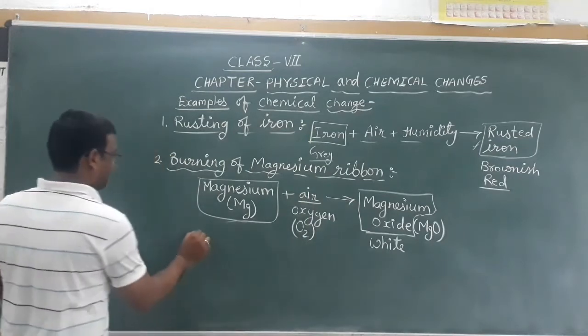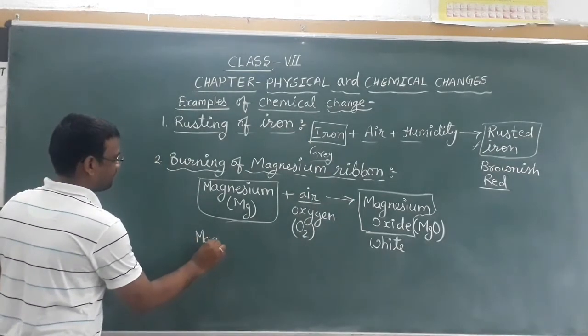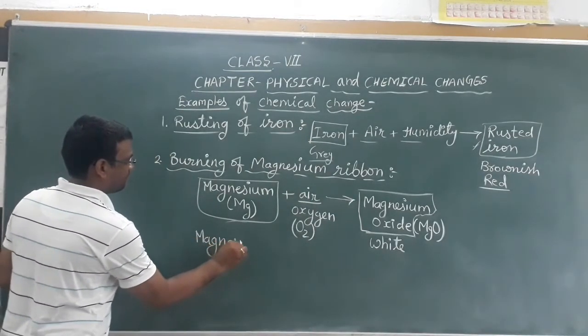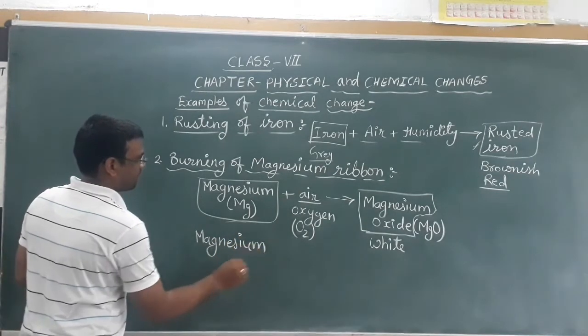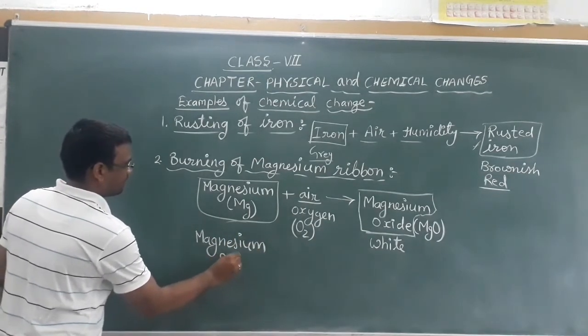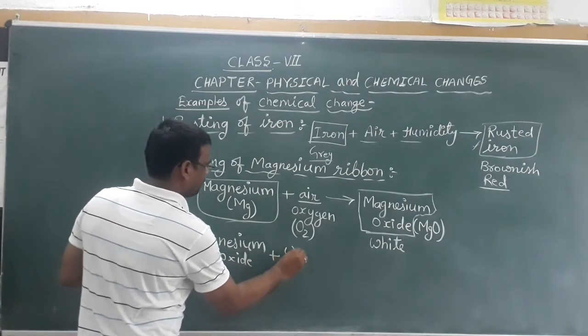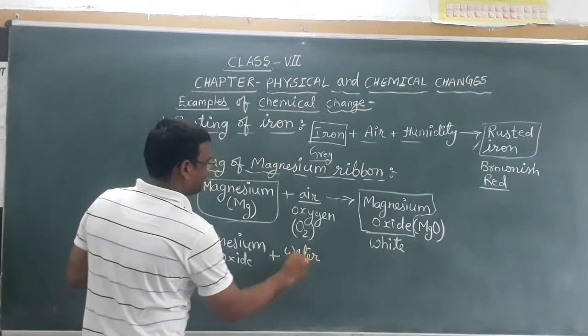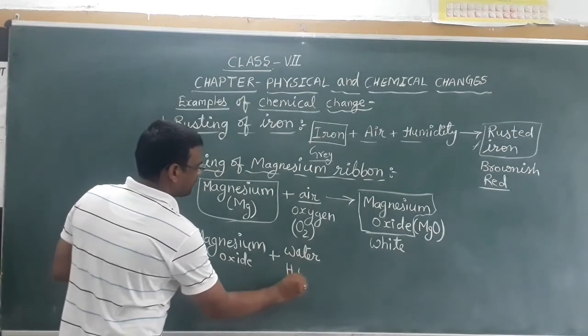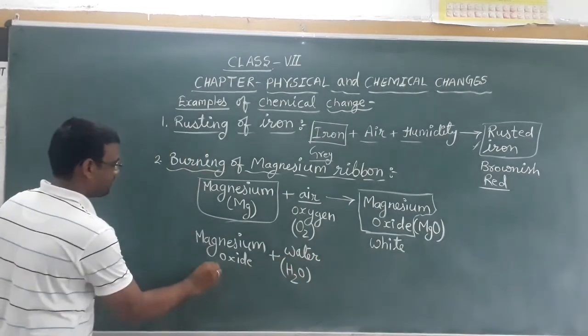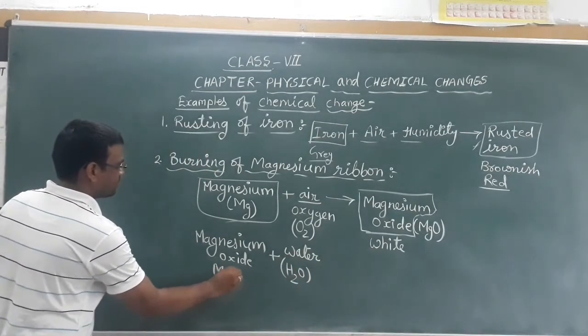Look here again. Next is magnesium oxide plus water. What is the formula of water? H2O. What is the formula of magnesium oxide? MgO.